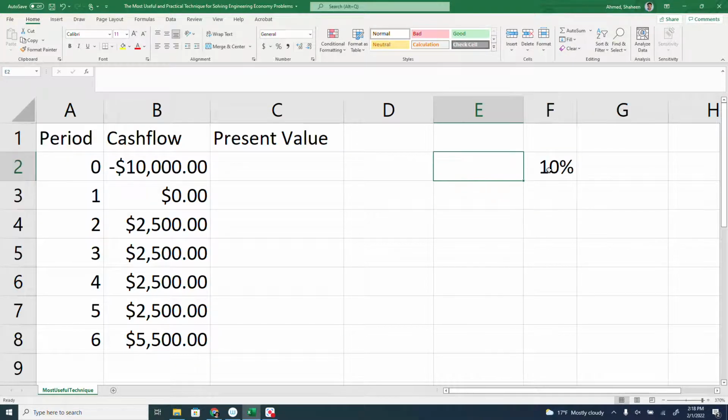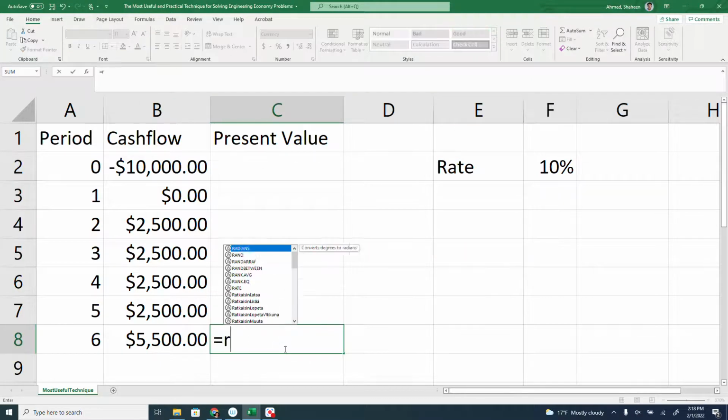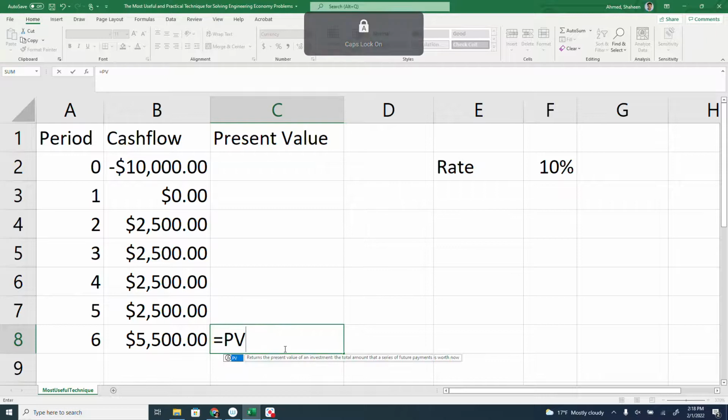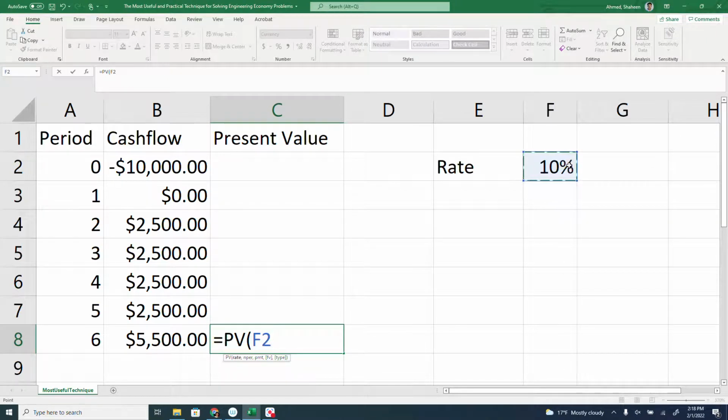I'm going to write here the rate, and then say we convert this to present value at a 10% rate. I'll freeze that because I'll be using that again and again for each of these different periods.